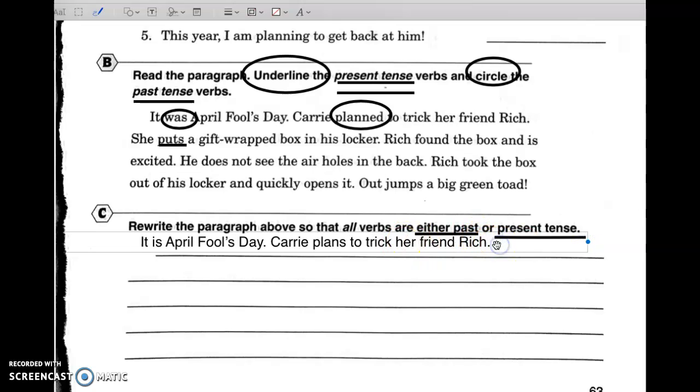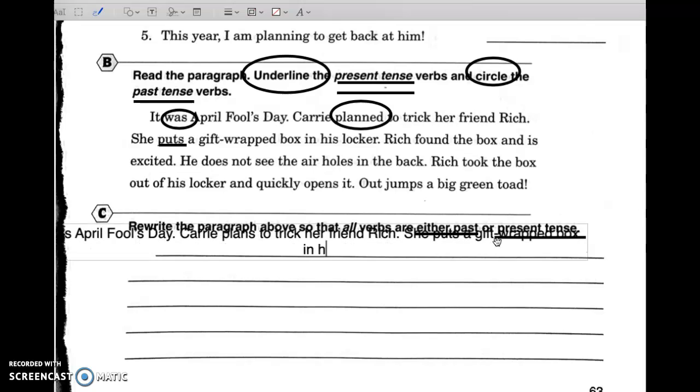Then the next sentence is already in present tense, so I can keep it that way. She puts a gift-wrapped box in her locker. Good. Let me move this down so you can see it better.